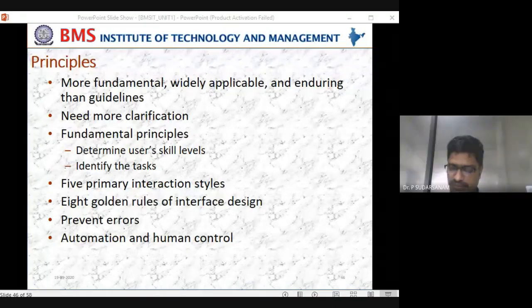Present, sir. 51. Present, sir. 52. Present, sir. 53 absent. Sai Siddharth is not attending. Okay. 54. Chetana. 55. Ravya. 56. Present, sir. 57. Manish.